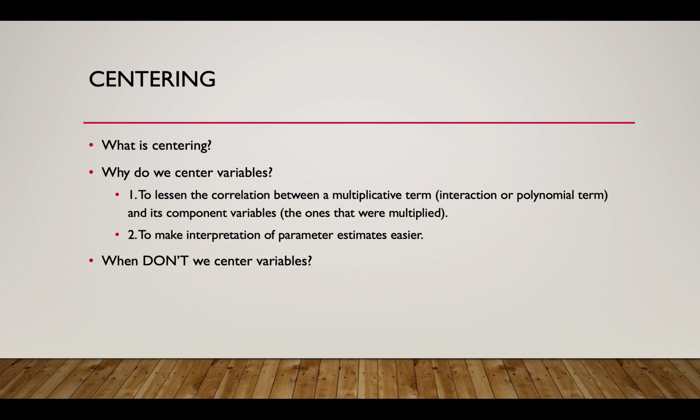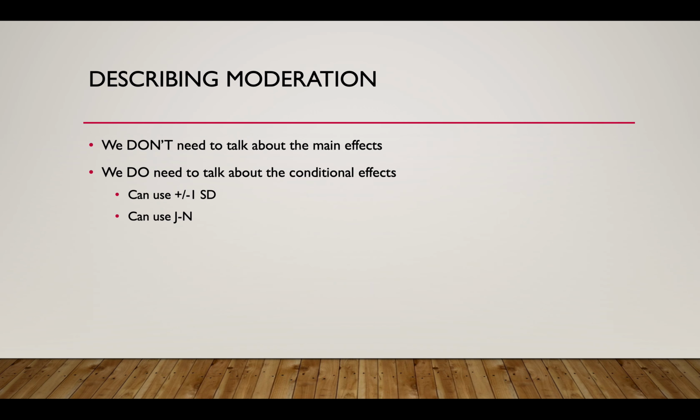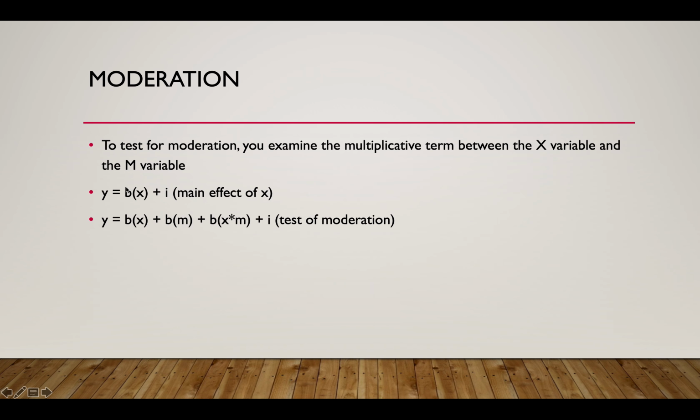If you center, for example, in this equation, if x is centered or if x is not centered, b is exactly the same in this simple group. Down here, if you did not center, b is going to be different. M is going to be different. And this will remain the same.